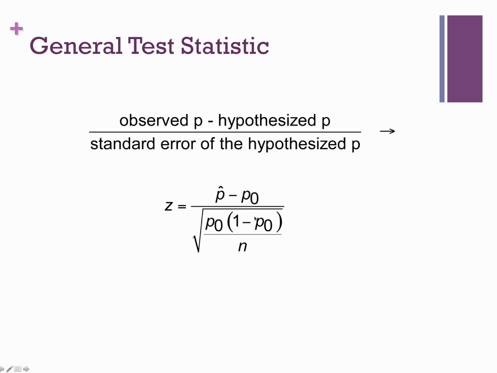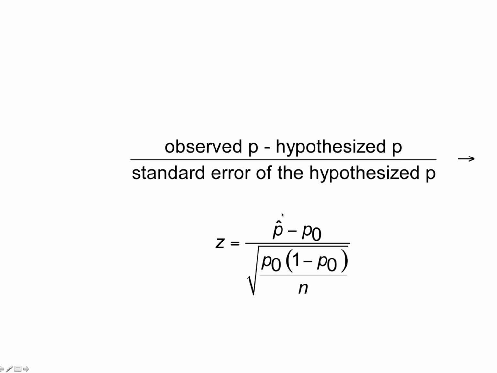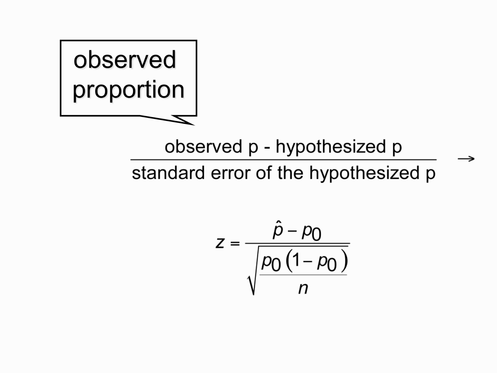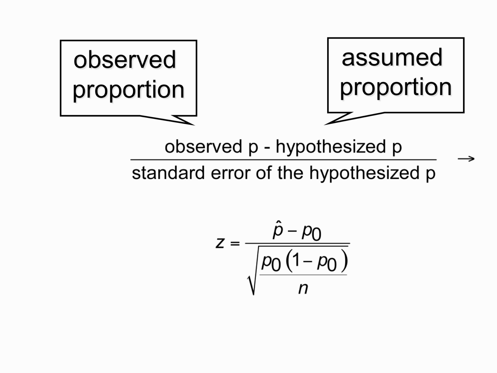Everything else in our statistical test is based on our null proportion, or our p naught. Again, it is p hat minus p naught divided by the standard error of p naught. This is our observed proportion. This is our assumed proportion under the null.